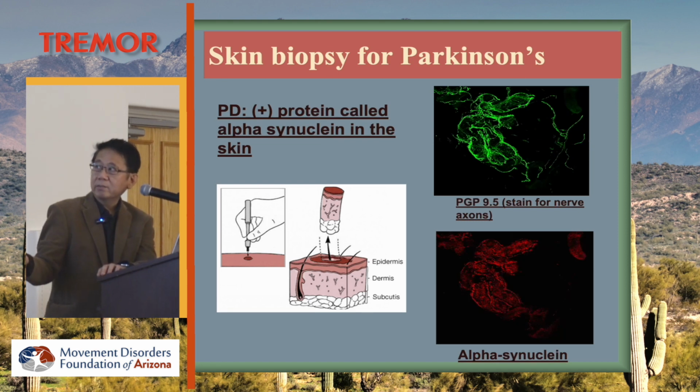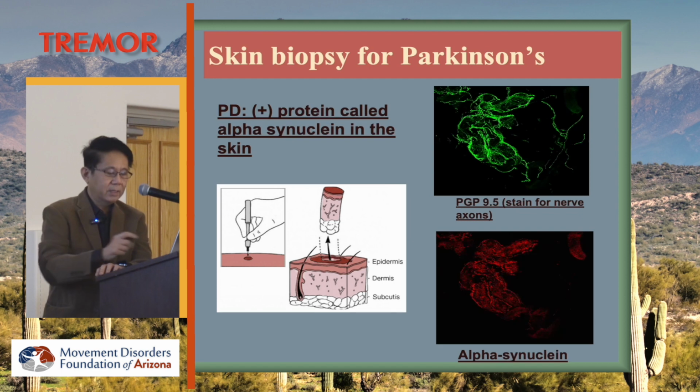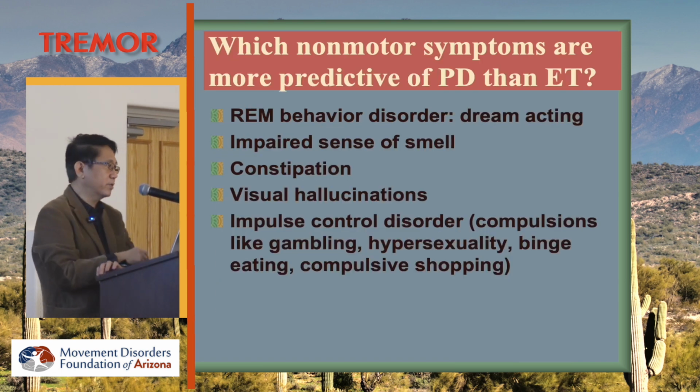So you now compare what is green, which is where the peripheral nerves are, with the second image, which stains for alpha-synuclein. And you will see that there is robust alpha-synuclein in the same nerves that were demonstrated in the previous stain. So this is how we confirm whether you truly have Parkinson's or not.